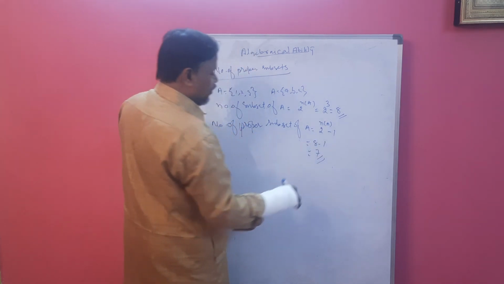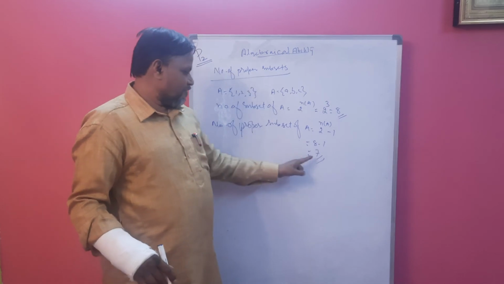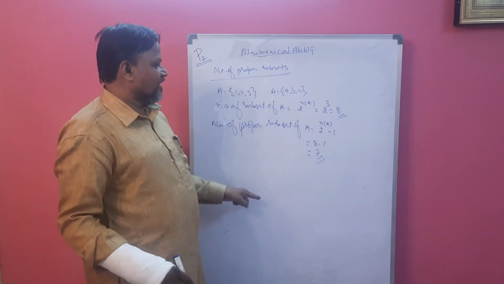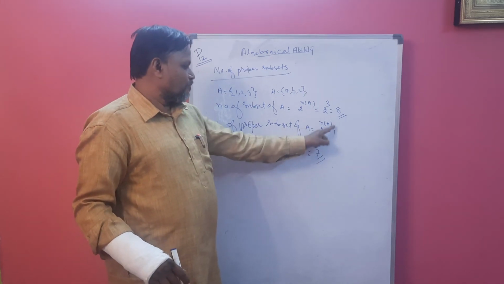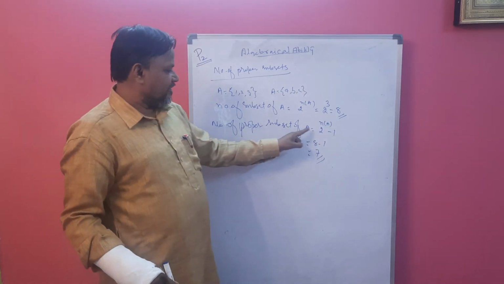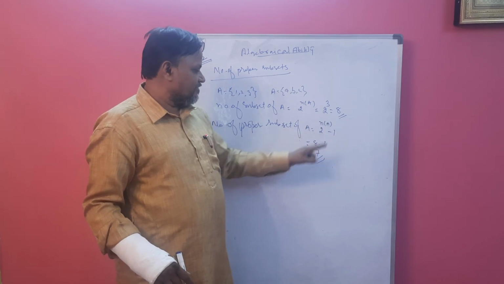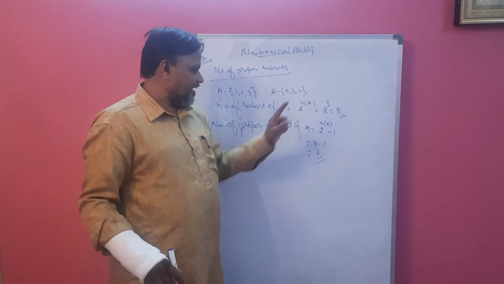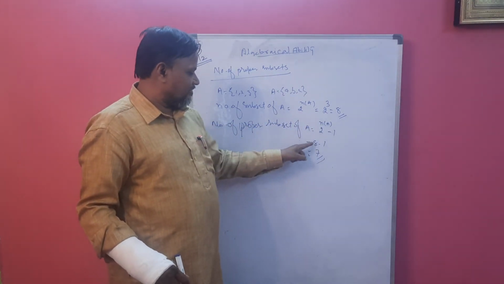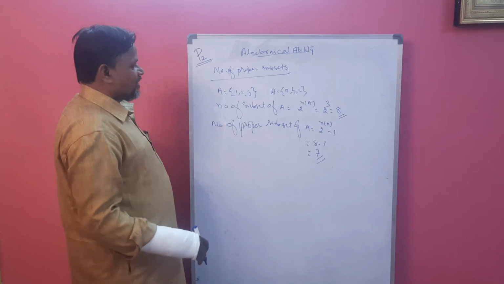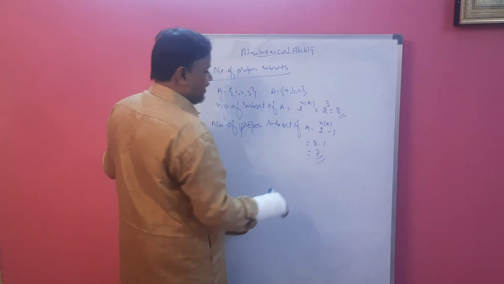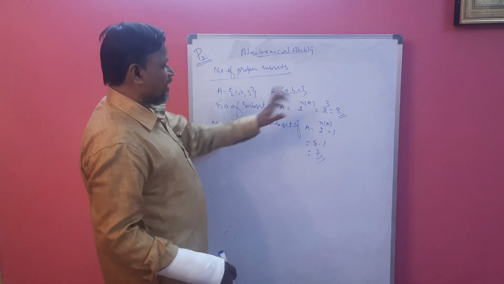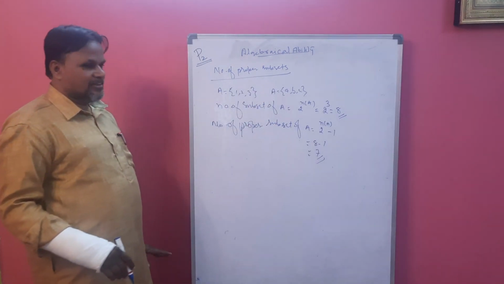A has 7 proper subsets, because one is equal to itself. So remember this property: for a proper subset you have to subtract 1. For subsets we take 2 to the power of n of A.